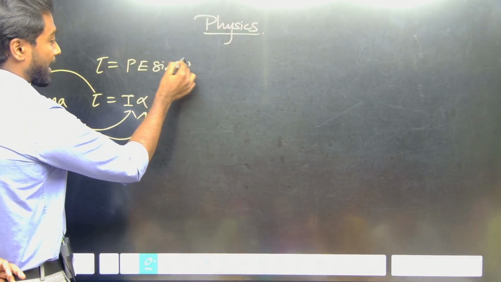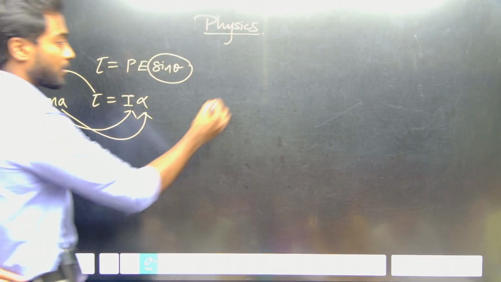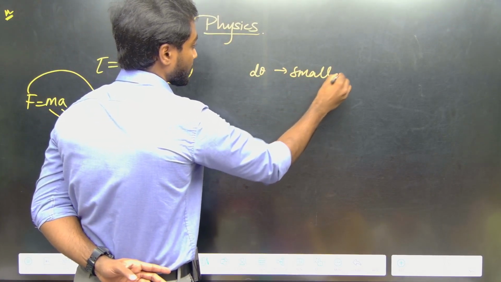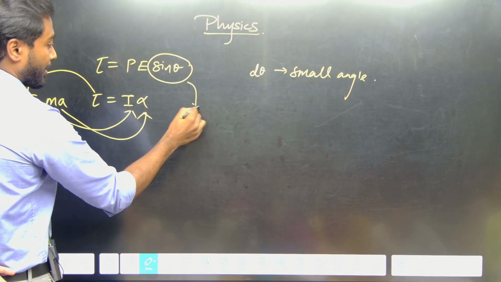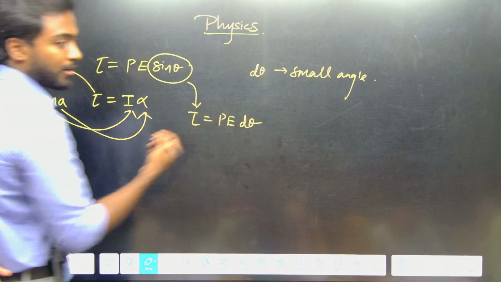Now if I start rotating the object by a small angle d theta, then I can rewrite this as tau is equal to PE d theta.